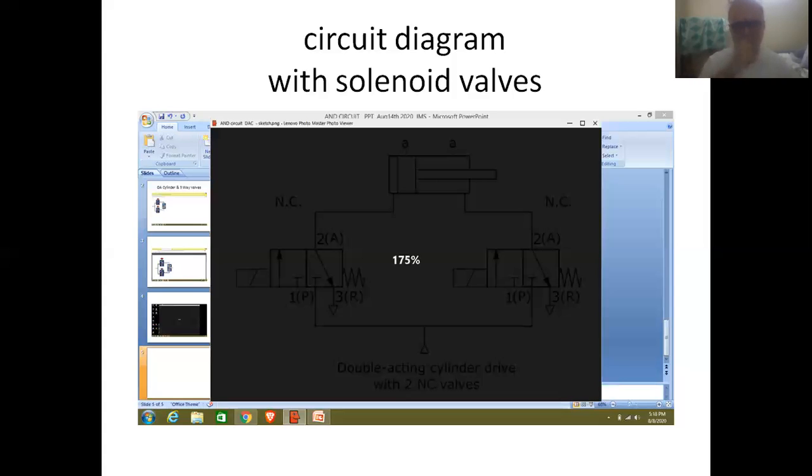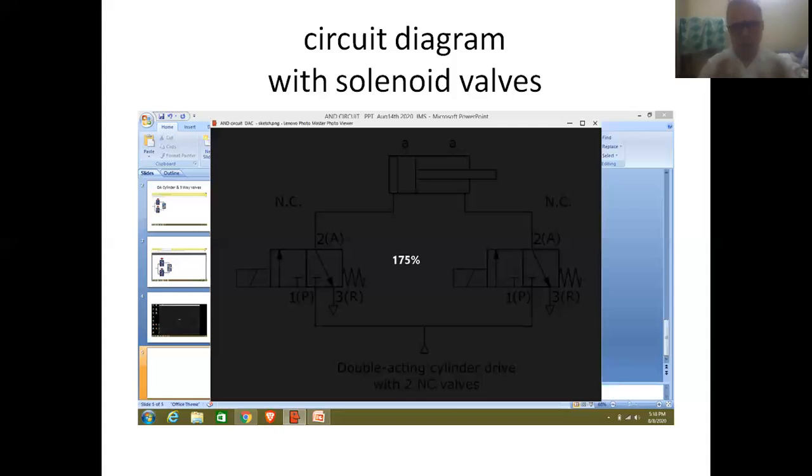Firstly, the first valve is used for performing the forward stroke of the piston, and the second valve is used for performing the return stroke of the piston.